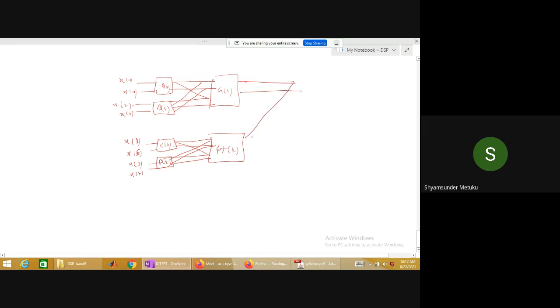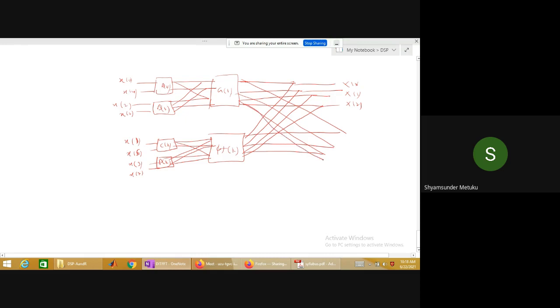I'm not just giving those numbers, which we already completed. Capital X of 0, capital X of 1, capital X of 2. So this is X of 2, this is X of 3.